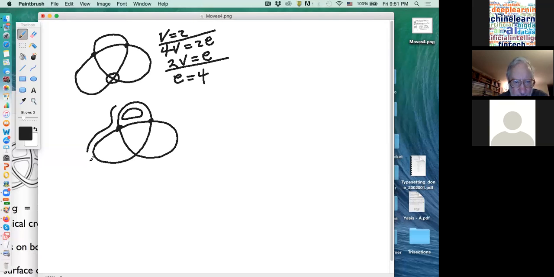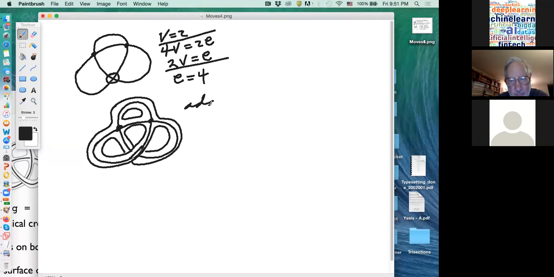At a virtual crossing, it goes straight through and forms a bit of ribbon like that. And then we add disks to the boundary.